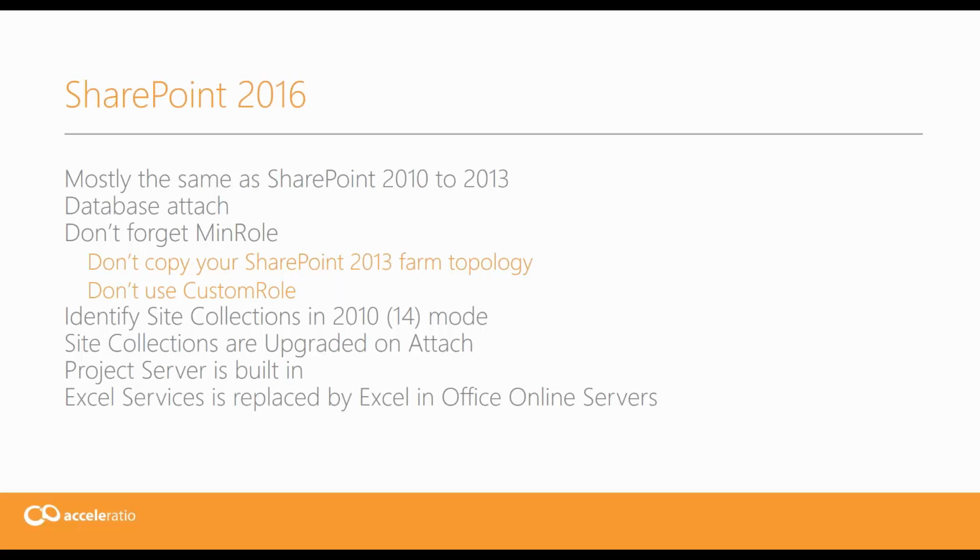So if you're using Project Server, you'll have to figure out what you're going to do. Tony asked about Excel services. They've made an architectural change in 2016. It's kind of a good idea. In previous versions, SharePoint 2010 and 2013, there were two Excel things that you had to deal with. You had Excel Services, which debuted in SharePoint 2007, which is the ability to put web parts on a page that did Excel calculations.